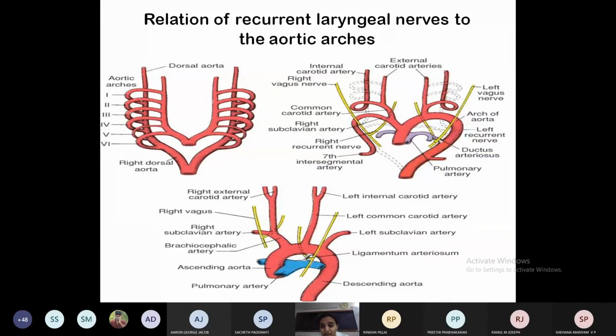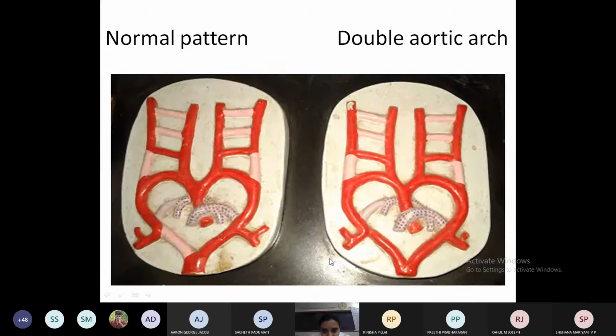Now, one more important thing you should remember is the recurrent laryngeal nerve relation to these aortic arches. The ductus caroticus, which is the dorsal aorta between the third and fourth pair of aortic arch, disappears.